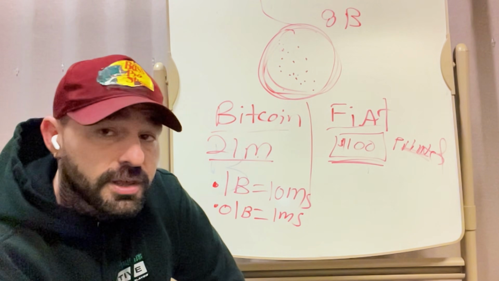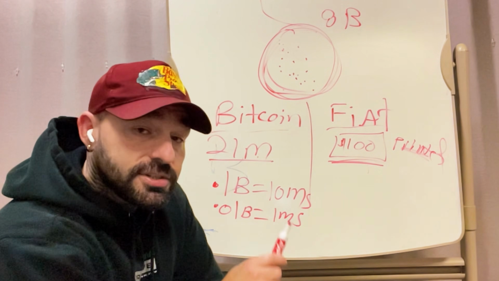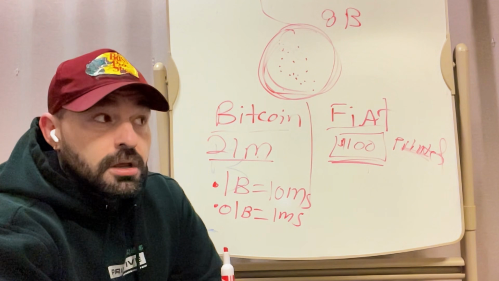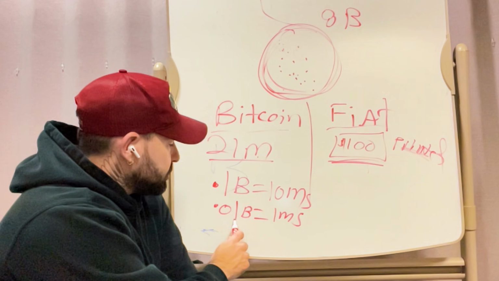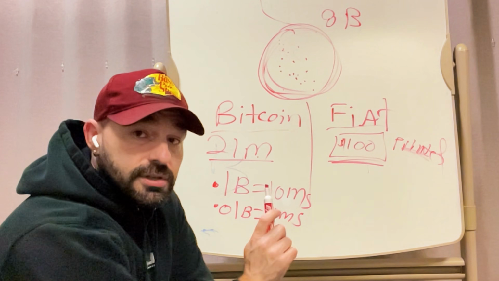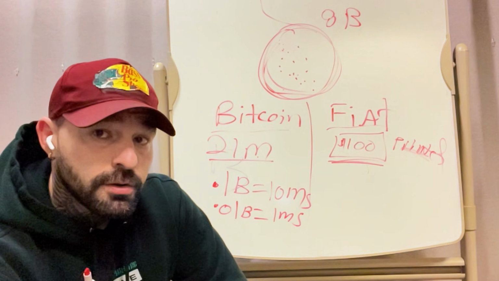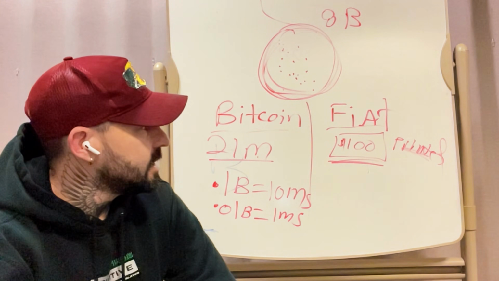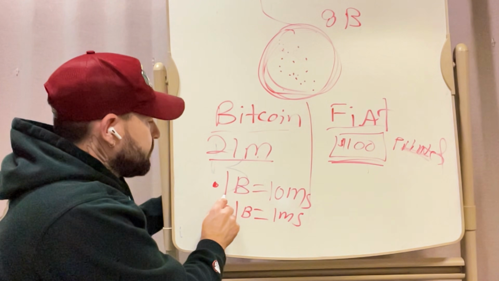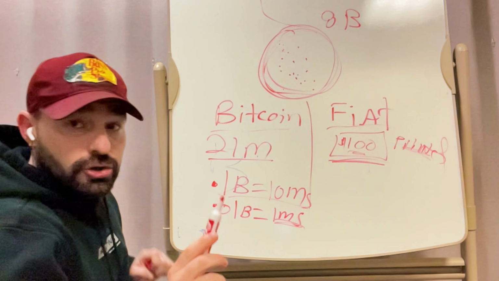So when you accumulate 0.1 Bitcoin, you accumulate 10 million Satoshis. 0.01, a little under $1,000 at the time of recording this video, would equal 1 million Satoshis. Okay? Now, one full Bitcoin would be 100 million Satoshis. So you have to think in terms of Satoshis as opposed to dollars.